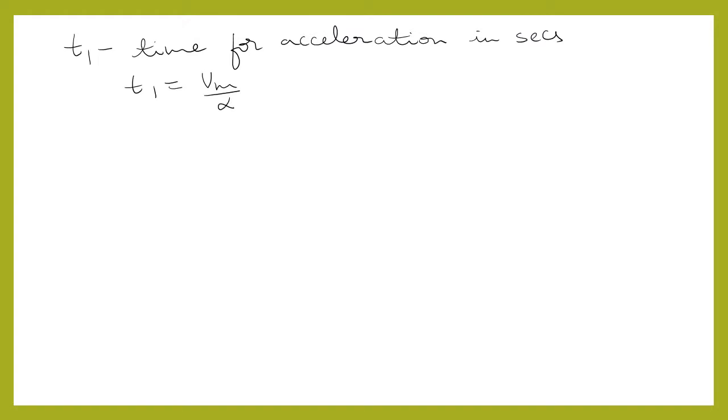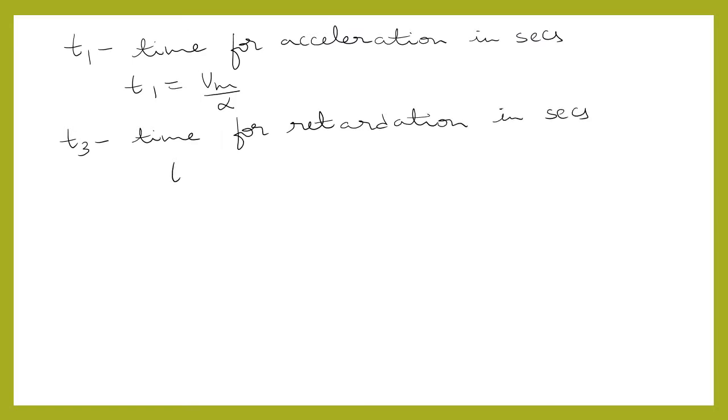Then we have t1, the time for acceleration in seconds. It is given by Vm by alpha. t3 is the time for retardation in seconds.